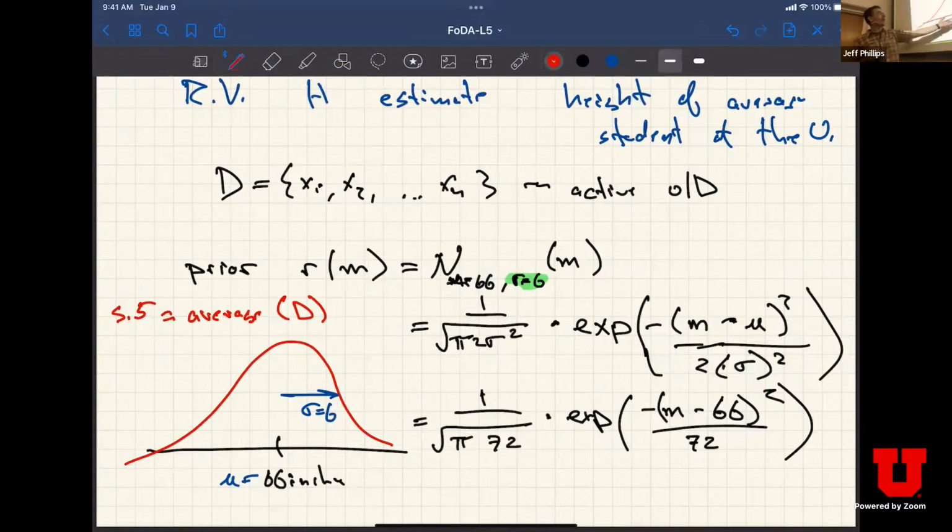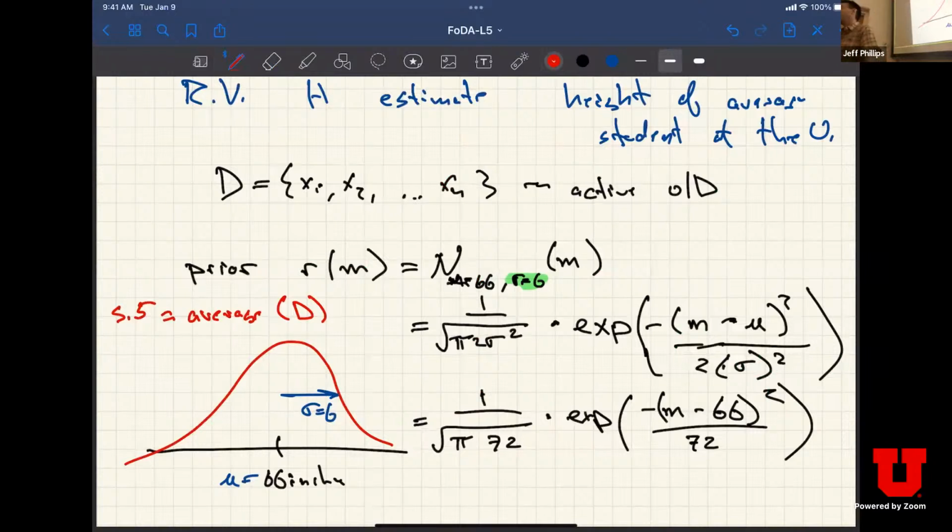And this is my prior distribution, 66 inches with a standard deviation of 6. So about 60 to 72 inches is where most of the mass is. Maybe if I go out a little further, 2 standard deviations, I get to 54 to 78. But I got an average of 5.5. What's going on? What should I think about here?